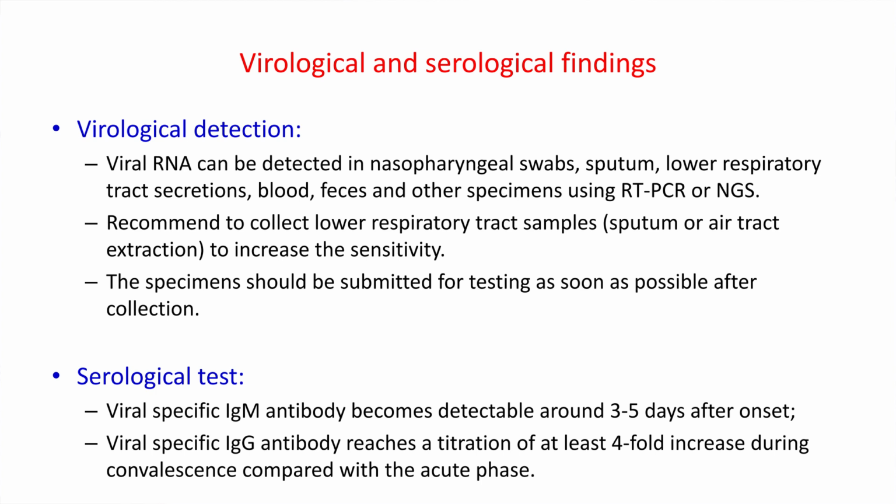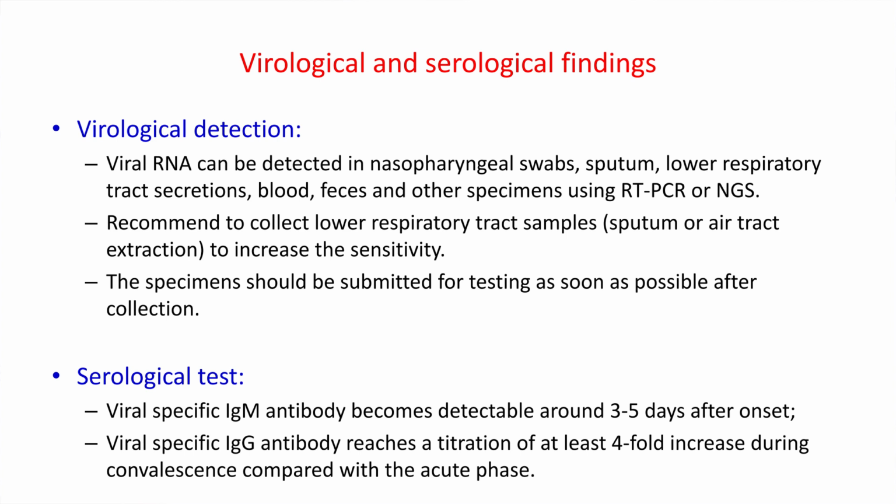The virological data, including viral RNA, can be detected in nasopharyngeal swab, sputum, lower respiratory tract secretion, etc. We recommend collecting lower respiratory tract samples, such as sputum or tracheal extraction, to increase the sensitivity. And the specimens should be submitted for testing as soon as possible.